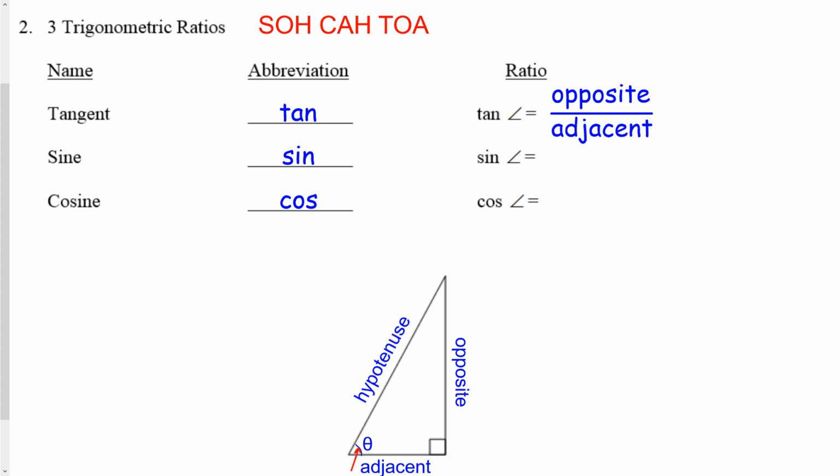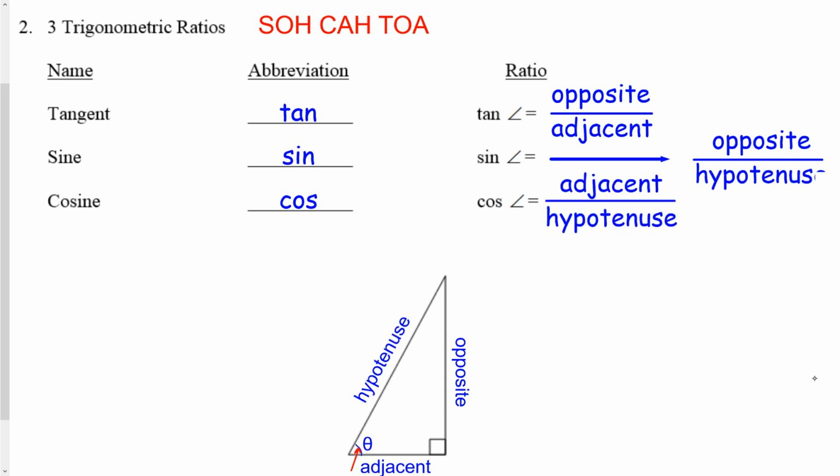The sine of an angle, the SOH, is always opposite over hypotenuse. Finally, cosine is the CAH from SOHCAHTOA. Cosine is always adjacent over hypotenuse.